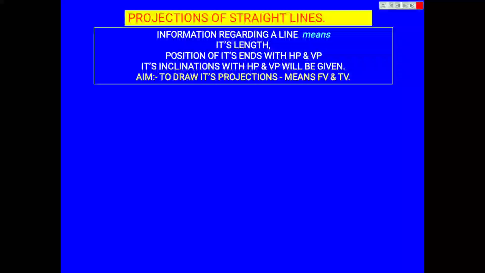HP means horizontal plane and VP means vertical plane, as I said in the yesterday session. And the aim is to draw its projections, means front view and top view.